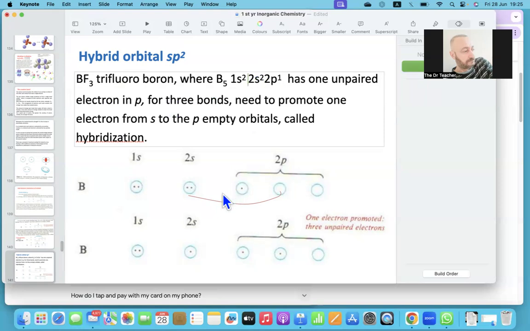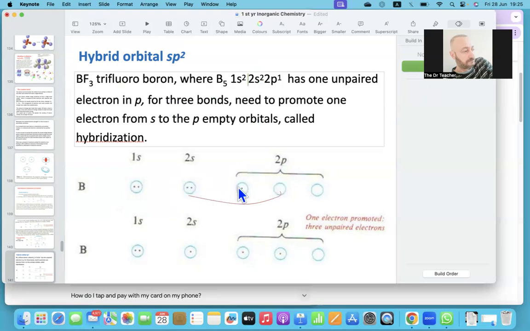These s2 electrons are paired here. They cannot form bonds unless they are separated. So what will happen? One electron from here will be promoted to the empty orbital of p.